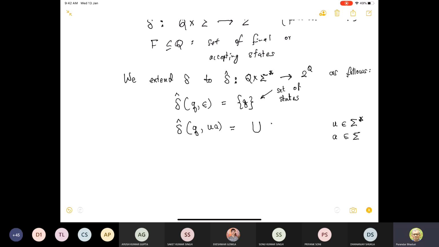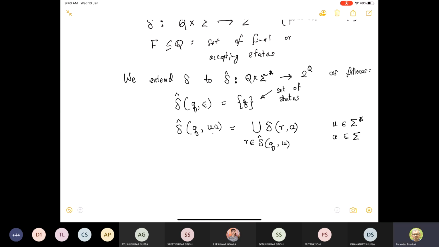We define it as the union of delta of R, A, where R ranges over all the states that are reachable from Q on reading the input string U. Okay. So this is an inductive definition.